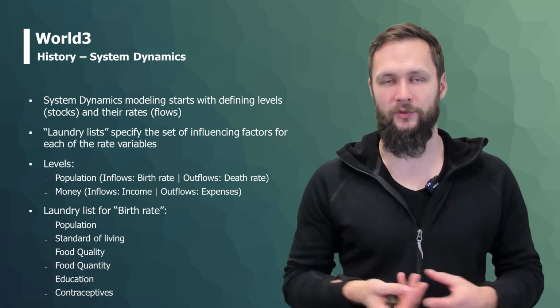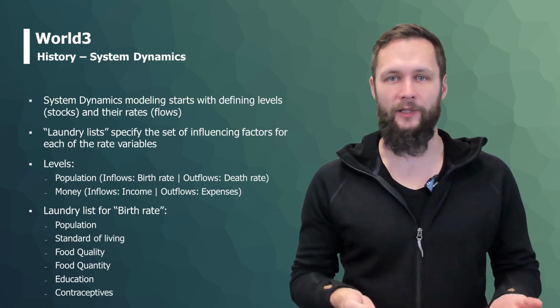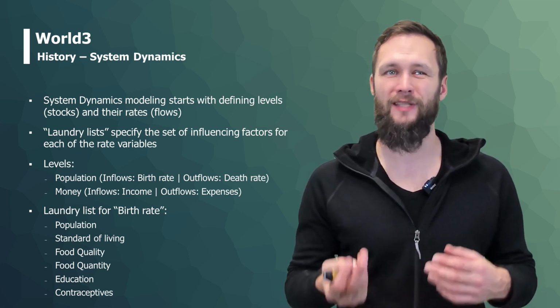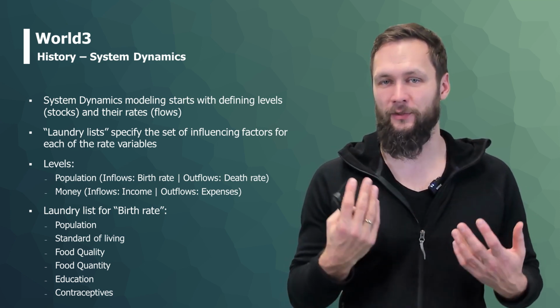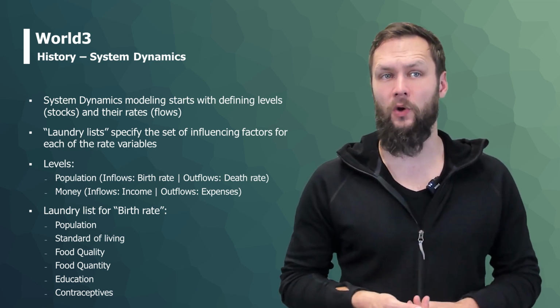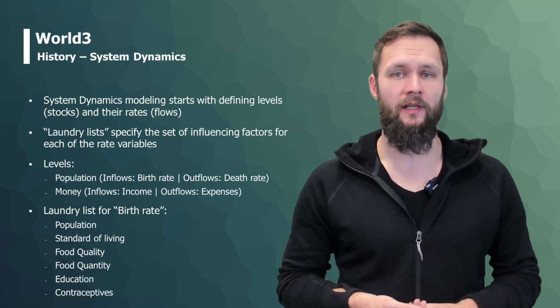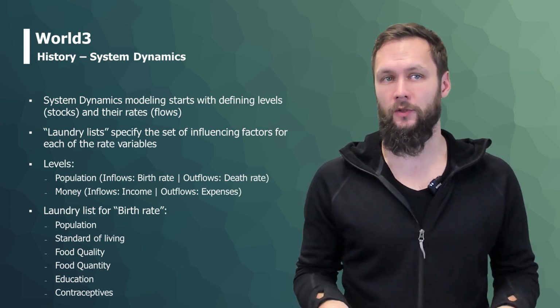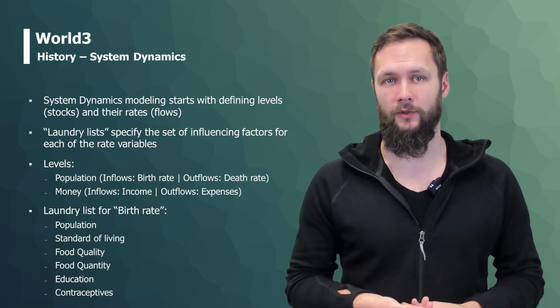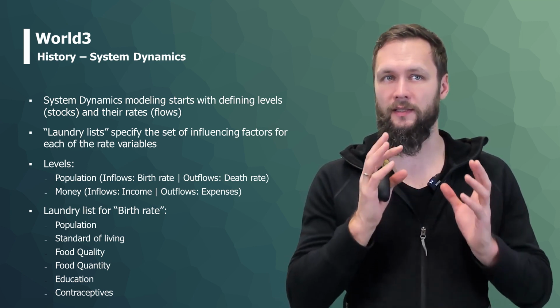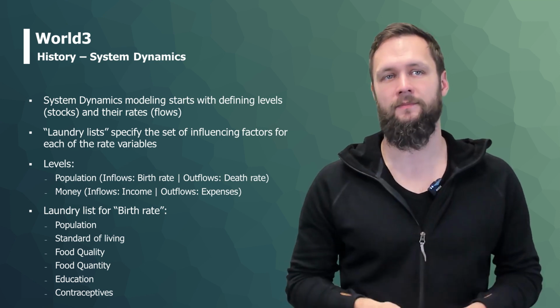If you struggle to survive and don't know where you will sleep at the end of the day and whether you will have enough food for your family or not, then you tend, at least on a rational level, to have fewer children. The same could be said about the food quality or the food quantity. Birth rate is also influenced by education, and of course also by the availability of contraceptives. So this is just one example for the laundry list of birth rate.